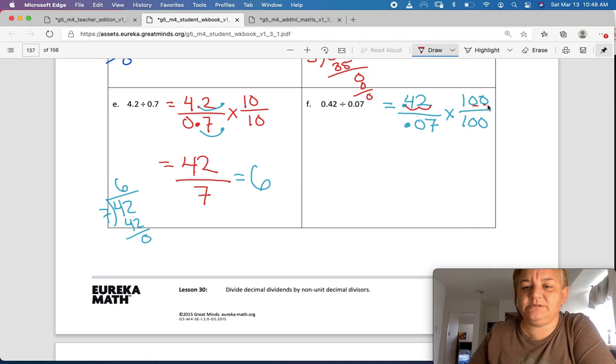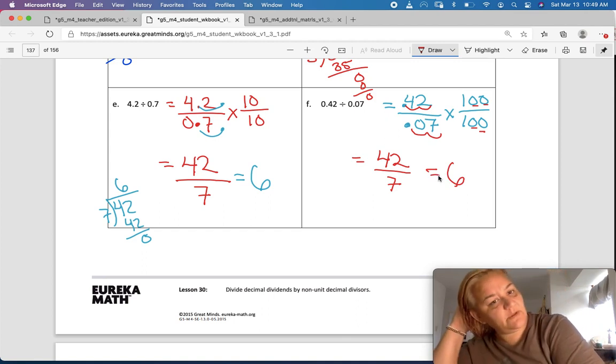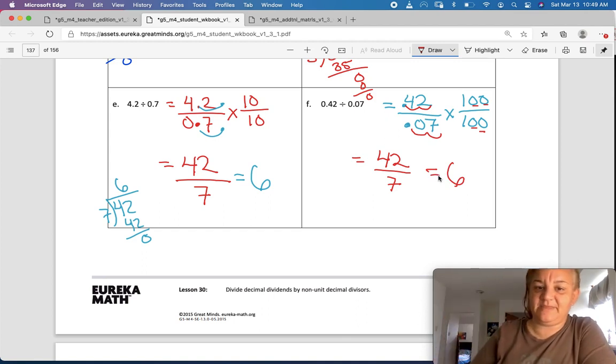Because I've got 1, 2 here, and then 1, 2, because I've got 2 here. And my new fraction is 42 over 7. Okay, look, boom, boom, boom, boom, same right there.